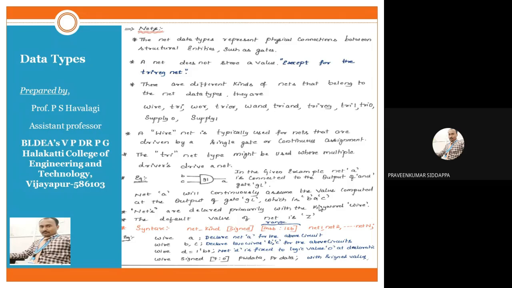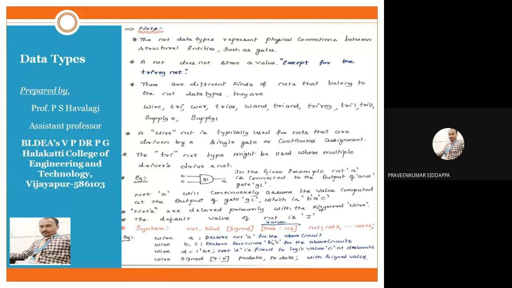I have given one example. Here we have shown an AND gate, which we call G1. That G1 AND gate has two inputs, B and C, and only one output, which I have called A. So in the given example, net A is connected to the output of AND gate G1.